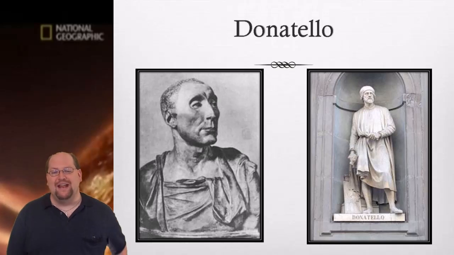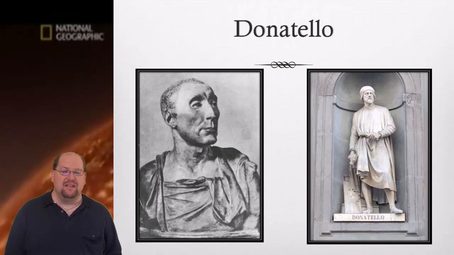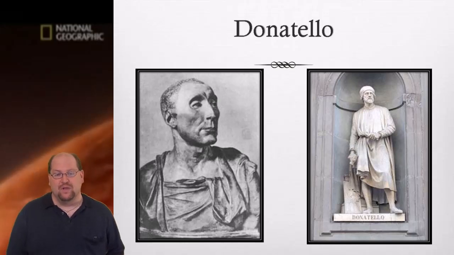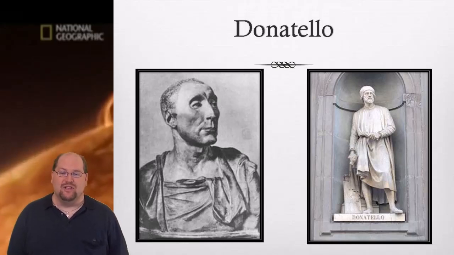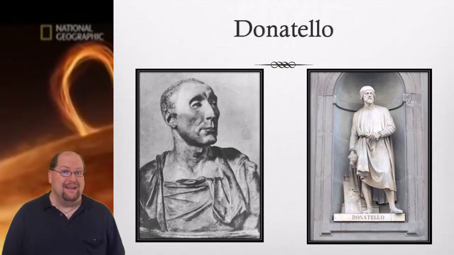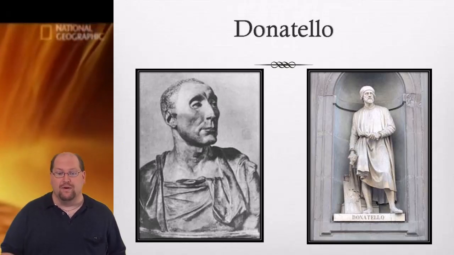The majority of his statues were created for the church. One of his most famous works was a bronze David, depicting him victoriously standing over the dead body of Goliath. Similarly to Michelangelo, Donatello was also believed to be homosexual, and he actually admitted this, though there's no other proof other than his word.